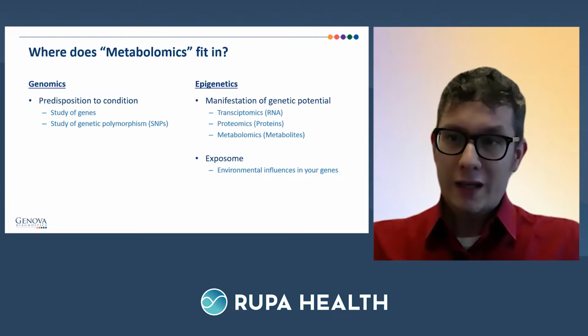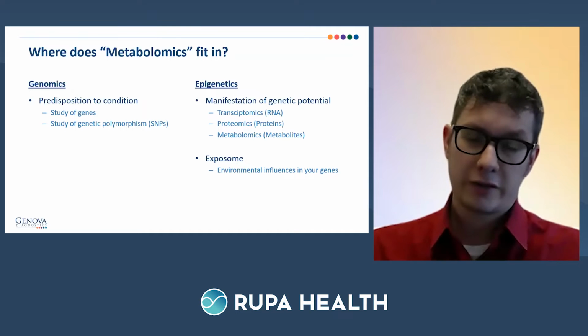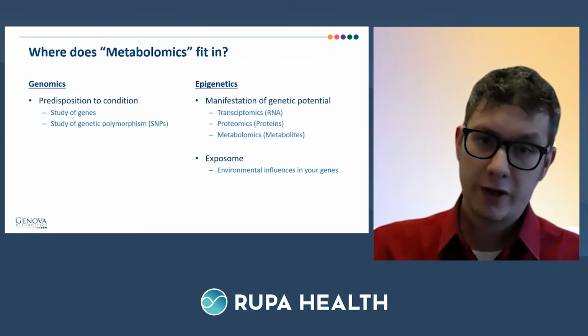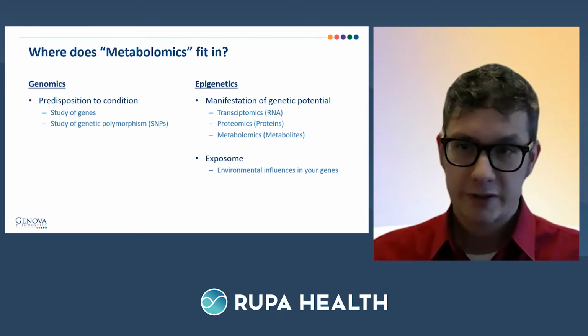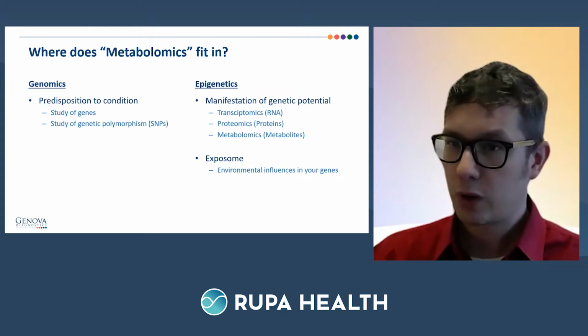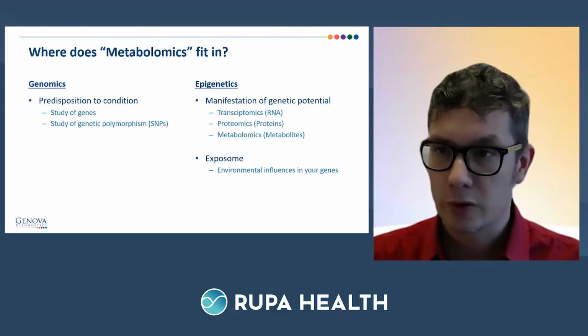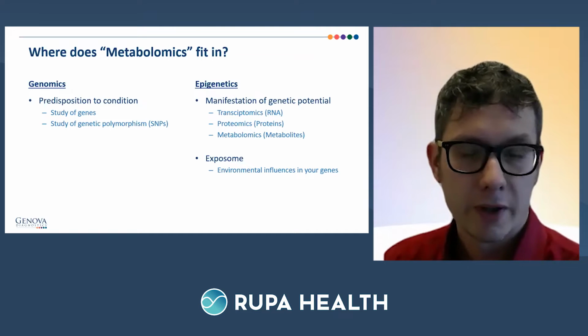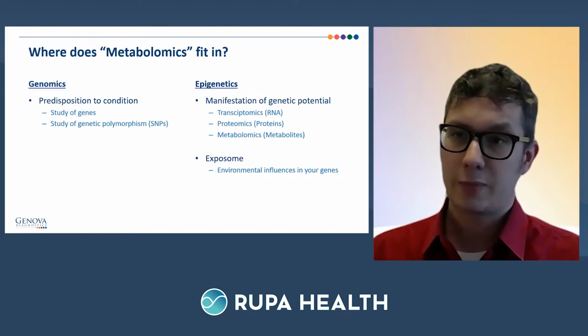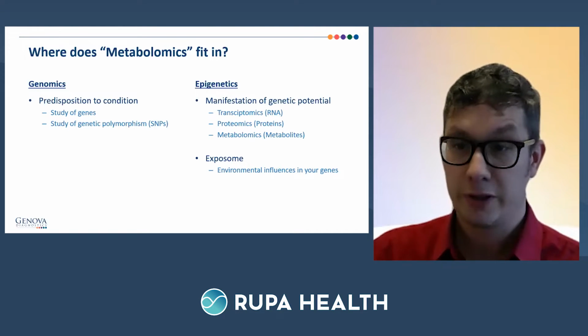But the way I kind of think about bucketing these two things is, on the one hand, you have genomics, right? And this is the study of genes, which can tell you a little bit about predispositions to conditions. This is where we're talking about things like genetic polymorphisms, or SNPs, as you probably are aware of them and calling them. And then sitting on top of genomics, there's epigenomics.